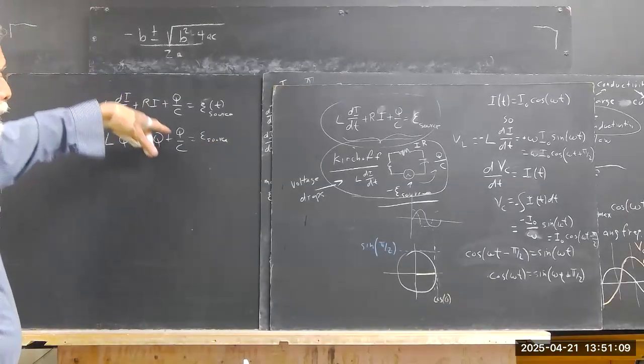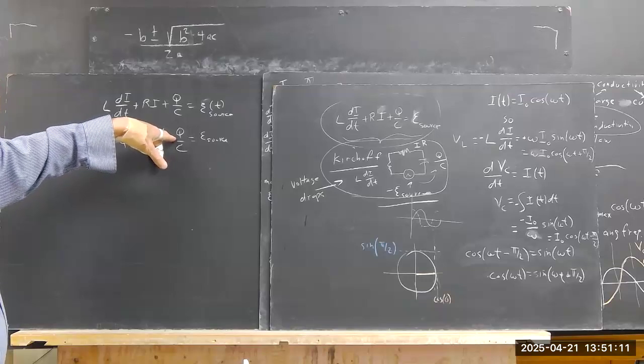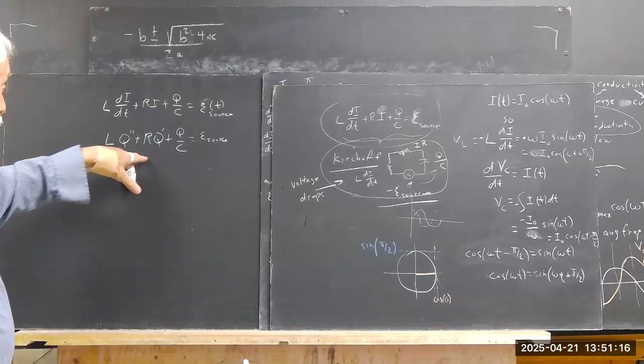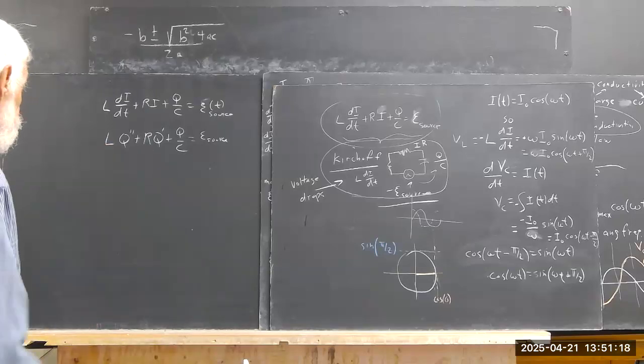Since the current is the derivative of the charge in the capacitor, we get this equation.